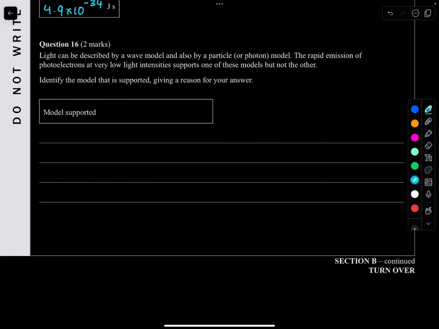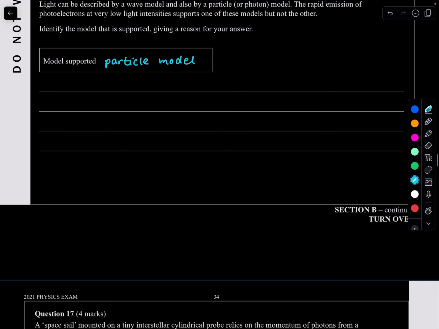So the model supported is the particle model, and we're just going to need to justify our answer. I'm going to try to detail this so you guys can understand. All right.